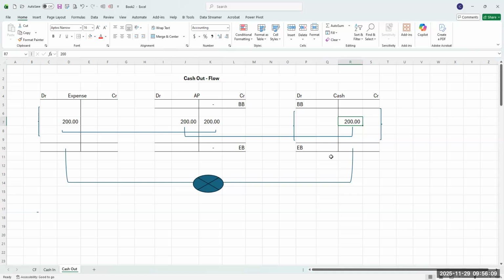Make sense? Can you see it? If my beginning balance of the accounts payable is 0 and ending balance is 0, whatever I purchase, I pay for it.